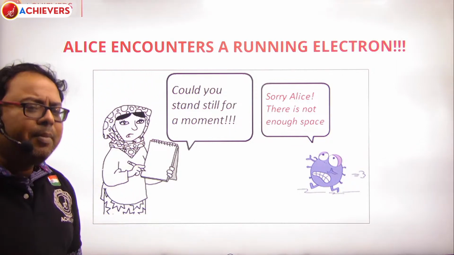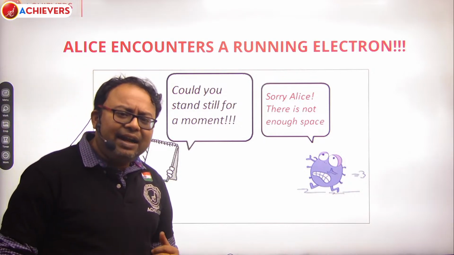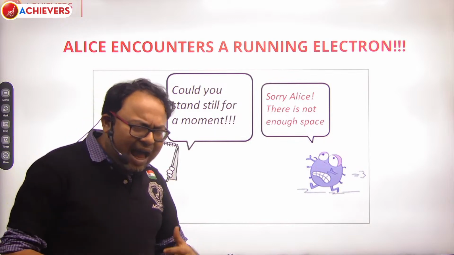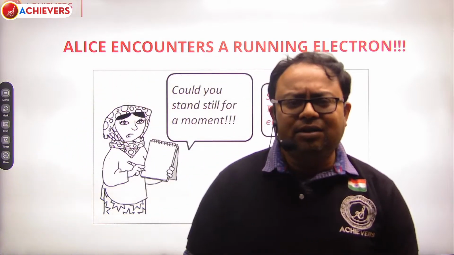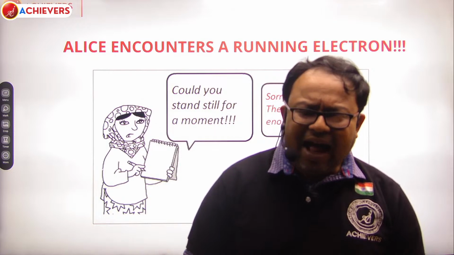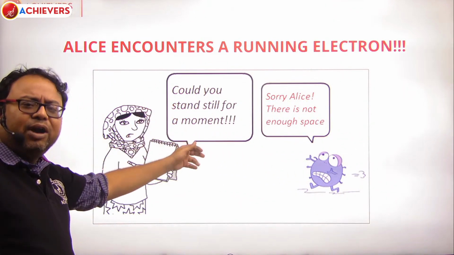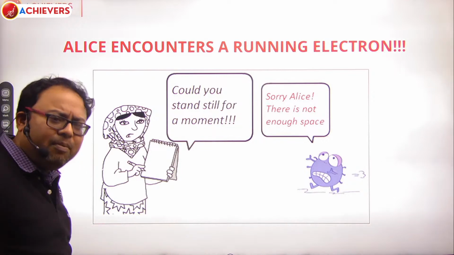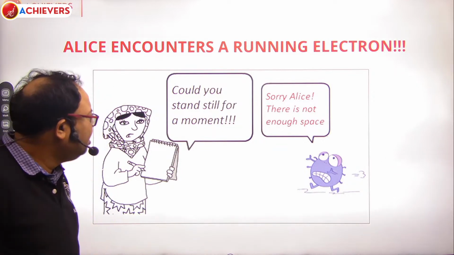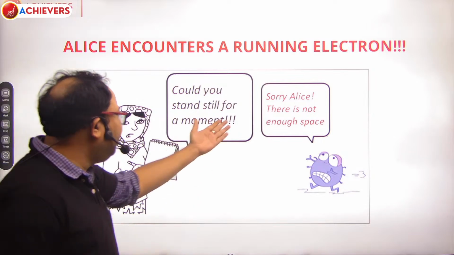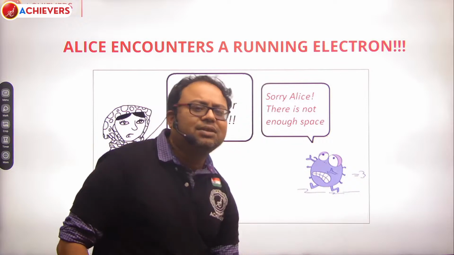Alice was walking by and she encounters a running electron. Alice wanted to communicate with the running electron and she requests, could you stand still for a moment? And what was the reply of the electron? Sorry Alice, there is not enough space.